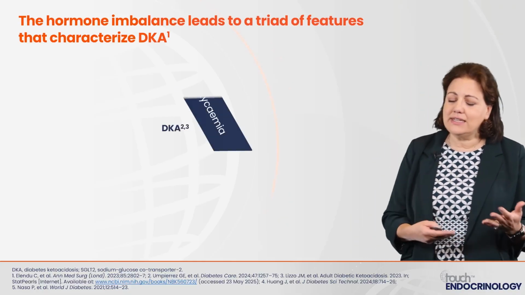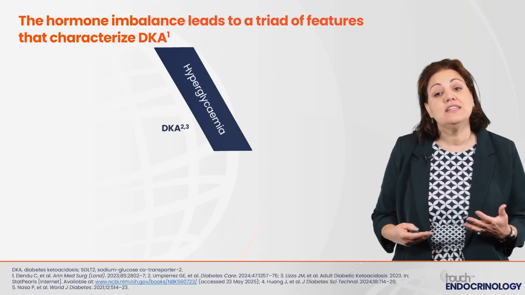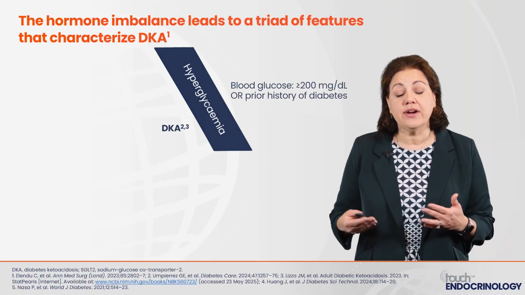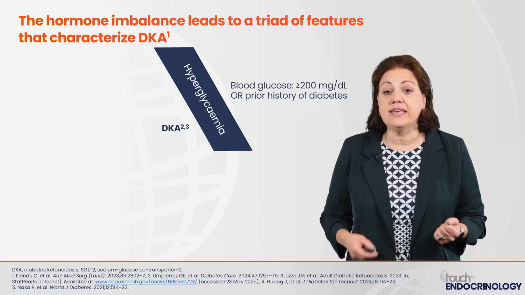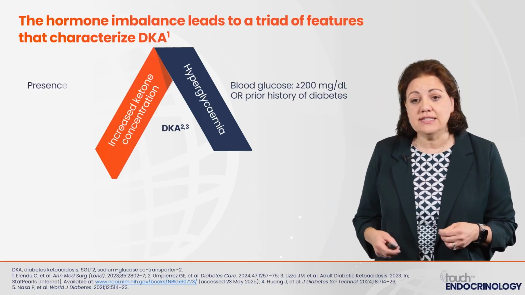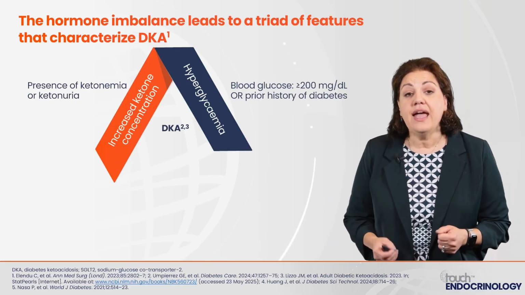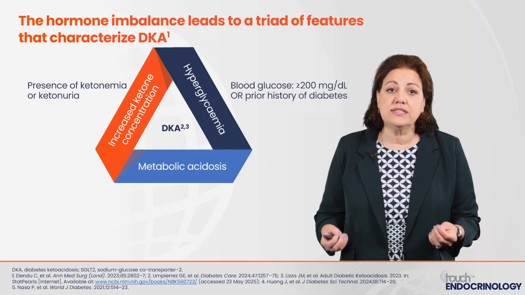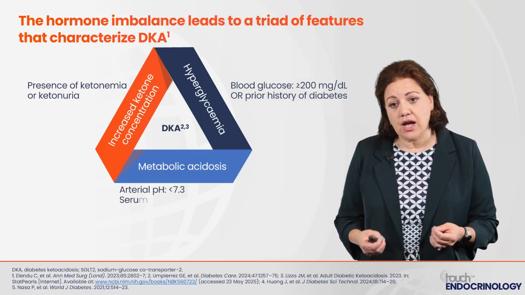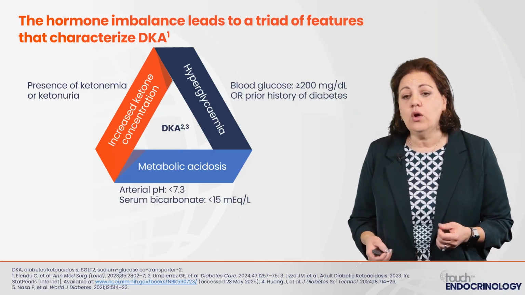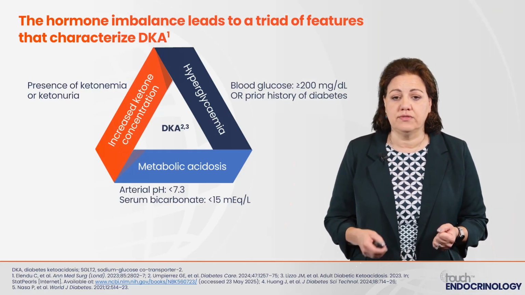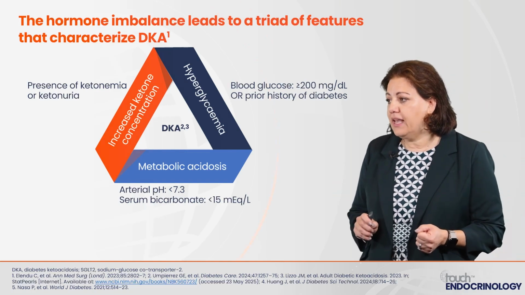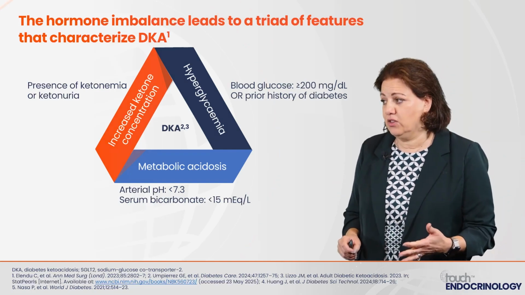So when we think about DKA, it's characterized by a triad of features. Diabetes, the D in DKA. So that means individuals present with blood glucose levels that are over 200 or a prior history of diabetes. The K stands for the presence of ketonemia or ketonuria. And the A stands for acidosis. So individuals presenting with DKA have an arterial pH of less than 7.3 or serum bicarb less than 15. So why is it important to note that individuals coming in with diabetes may not have elevated glucose levels?